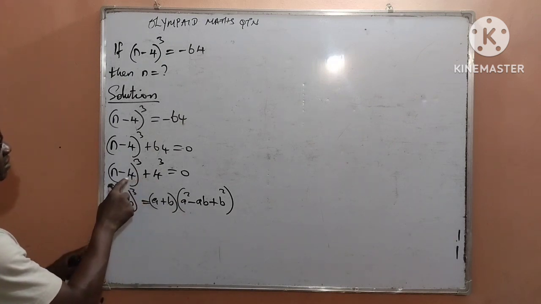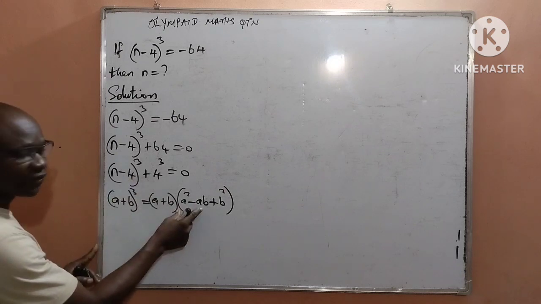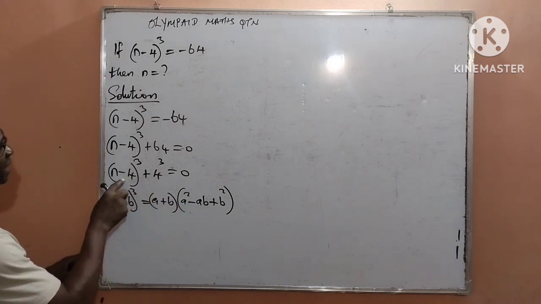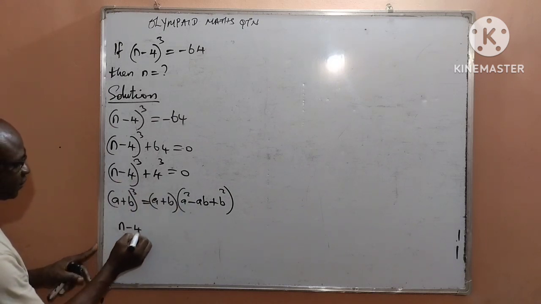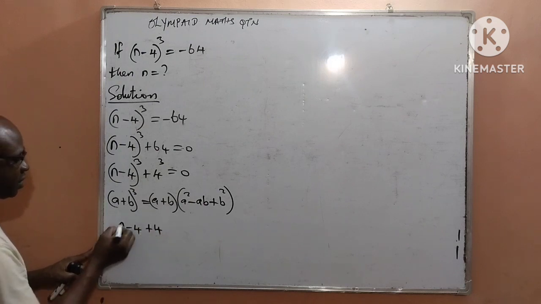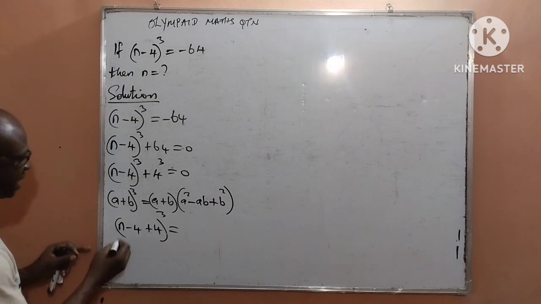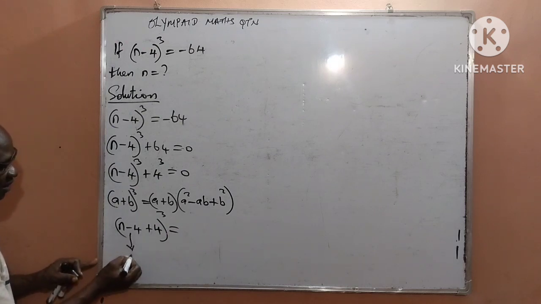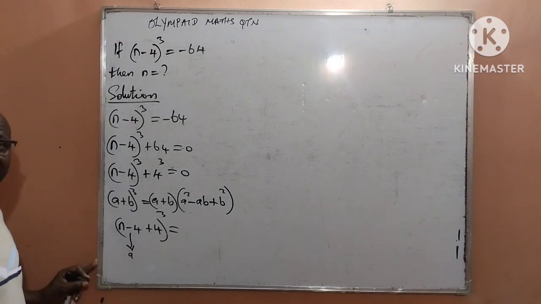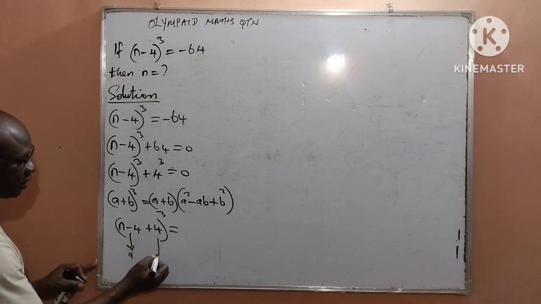Therefore, I can now write this in this form. But before that, I can put this as n minus 4, then plus 4, all raised to the power 3. Okay? Expressing it now, this n minus 4 can be seen as a, and the 4 can be seen as b. Alright?